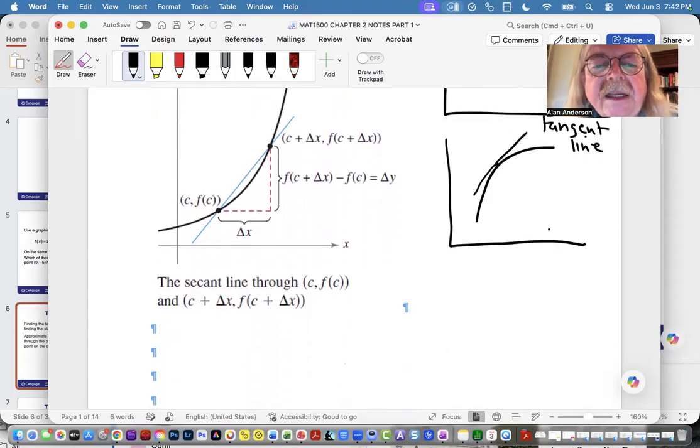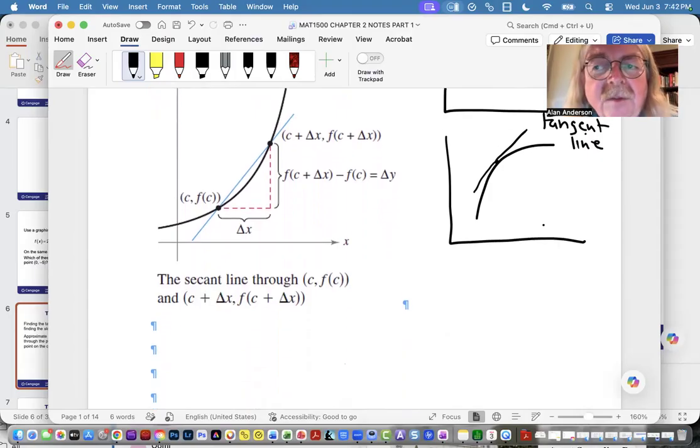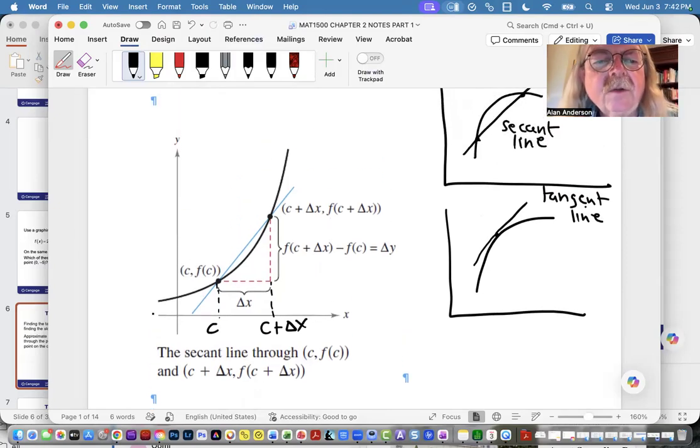So what they're doing here is defining, in the most formal possible terms, the slope of a secant line. They're assuming that we start at point c, which is some constant, and then over here we have c plus delta x, which is a constant, although a very small one. And then the corresponding values of y would be f of c and f of c plus delta x.